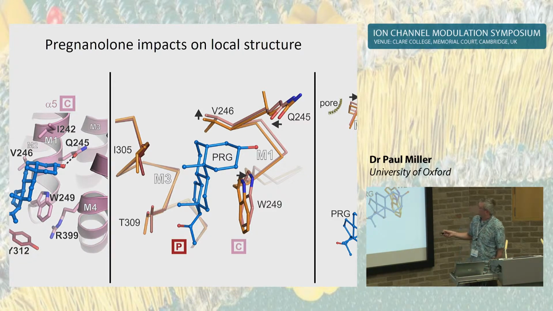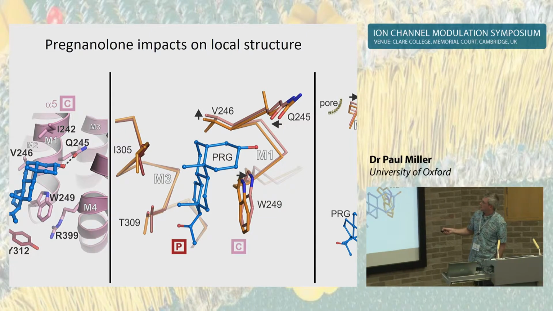And we can see that there's some subtle local impacts on the structure. And this glutamine is just very slightly drawn down towards the C3 hydroxyl, whereas slightly lower down this M1 helix, the valine and the tryptophan are actually pushed a little bit away to accommodate the rings of the pregnenolone. And so these distances are quite small, they're about 0.7 angstroms.